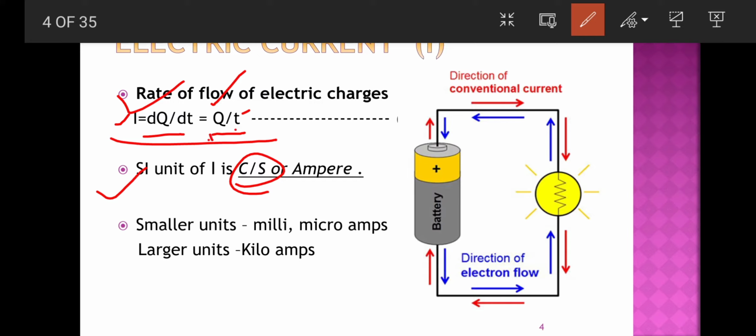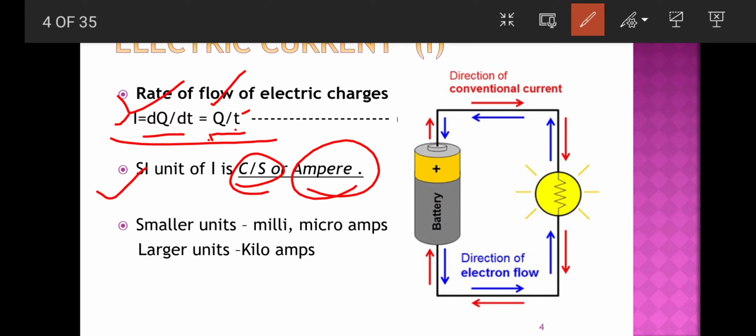The scientist who found the concept of current, it is named after the scientist, Andre Marie Ampere. So who just found the presence of this current, it is given the SI unit Ampere.